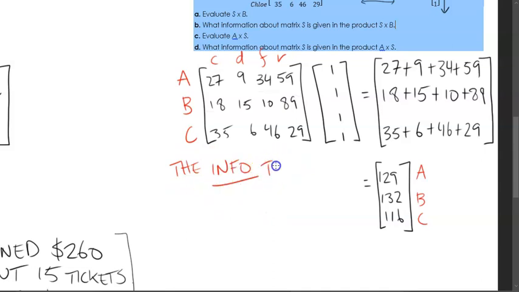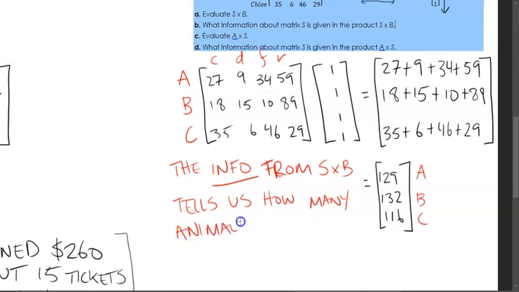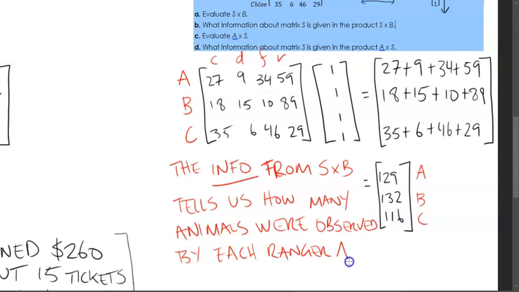The info from S by B tells us how many animals were observed by each ranger all up. So collectively, all up.